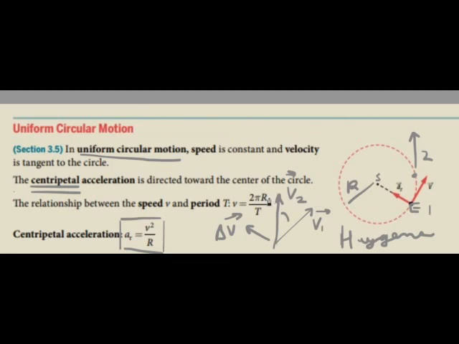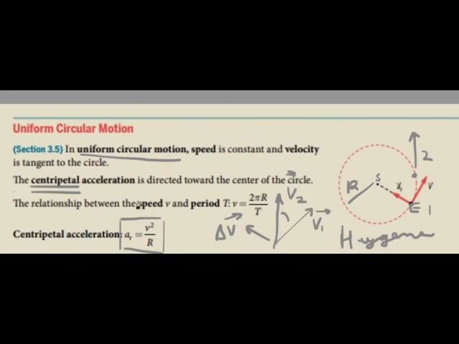So we could calculate the circumference, divide by 1 year, and we'd have the speed of the earth as it travels around the sun. How fast is the earth moving in its orbit revolving around the sun? And then what's the corresponding centripetal acceleration?